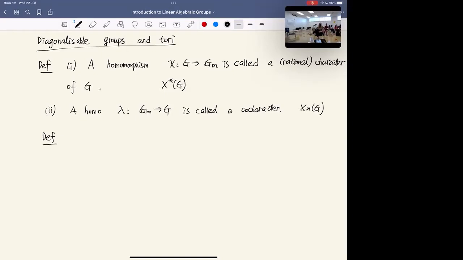Now let's look at the so-called diagonalizable groups. So I guess it's kind of already intuitive. But the formal definition is that G is diagonalizable if, first of all, G is commutative, and it consists of semi-simple elements.